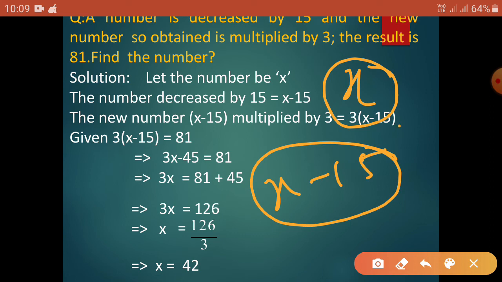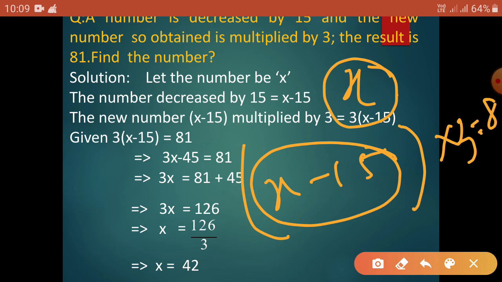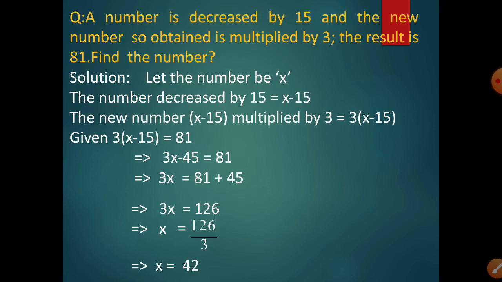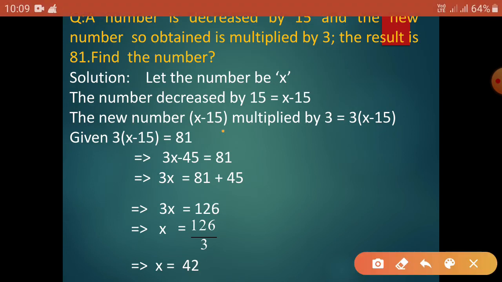So you can write that inside the bracket and multiplied with 3. The result is 81. So we can write it here: 3 times (x minus 15) equal to 81.